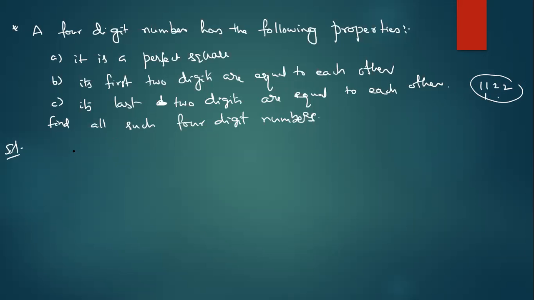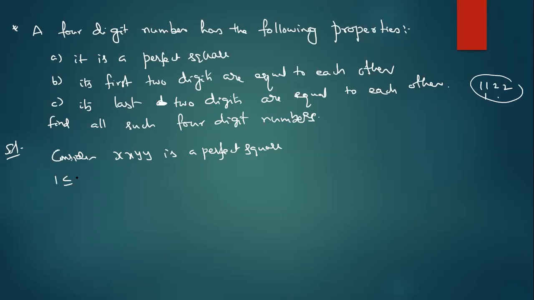Okay, now write down. Consider x, x, y, y is a perfect square. Anyone tell me, x can be what here?